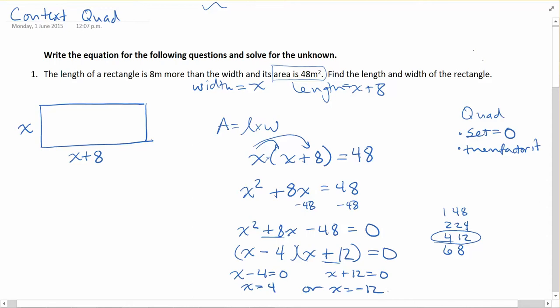Now, because quadratics give you 2 answers, sometimes we've got to pay attention and see if both of them make sense or only one makes sense in this case. So if I said that x is supposed to be my width, and I told you that I'm making a rectangle of width negative 12, it would probably make no sense at all, because you cannot have a distance or a measurement that's negative for a length of something or a width of something.